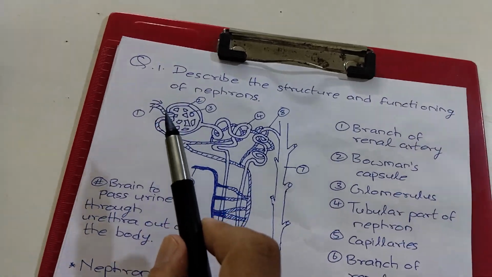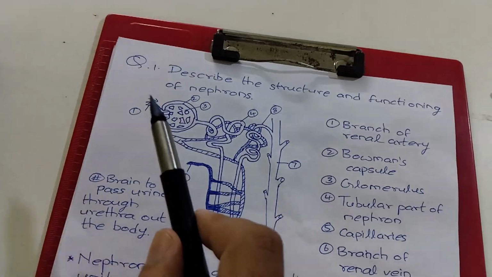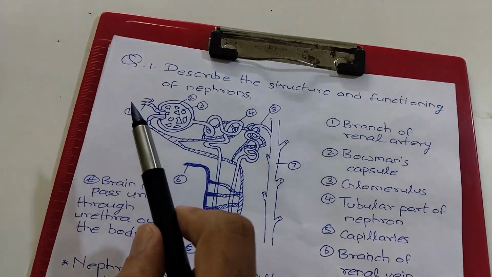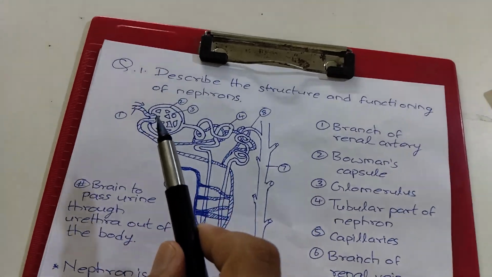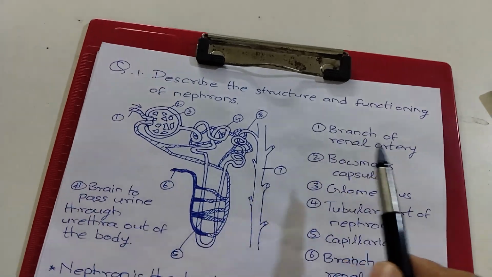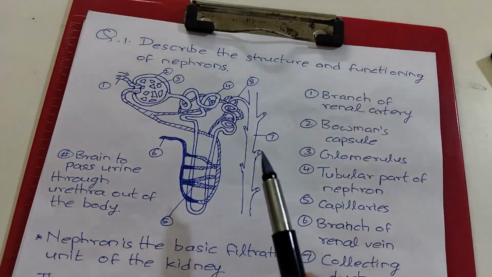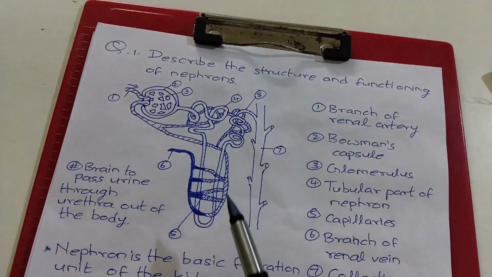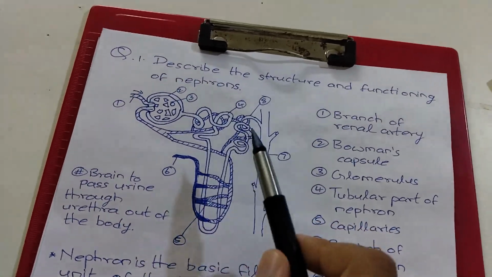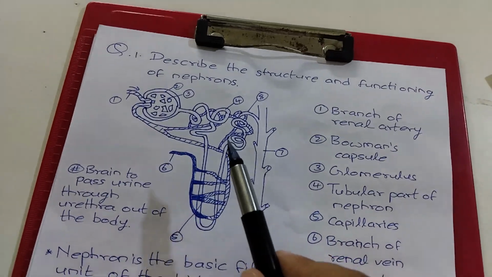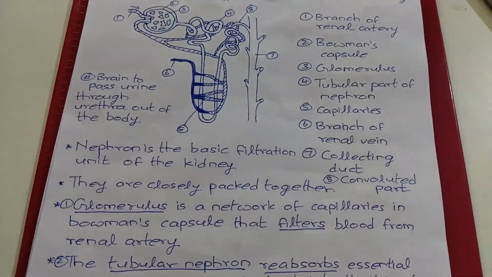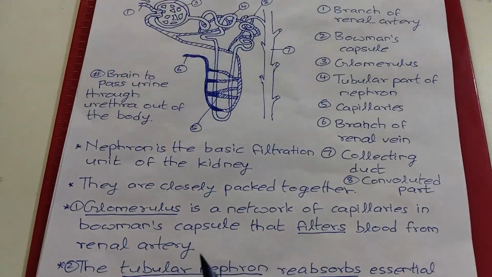Artery pumps blood away from the heart, so artery brings unfiltered blood to the nephron. So this is the renal artery, and then you have the tubular part of nephron and the convoluted part of nephron. So let us start to understand them one by one.